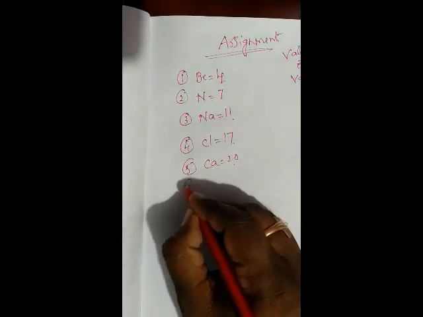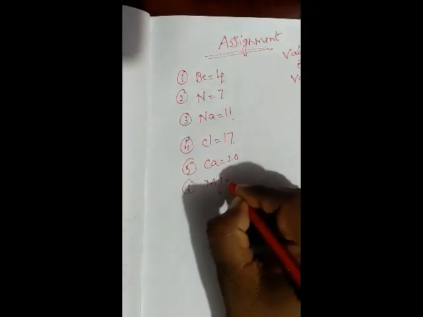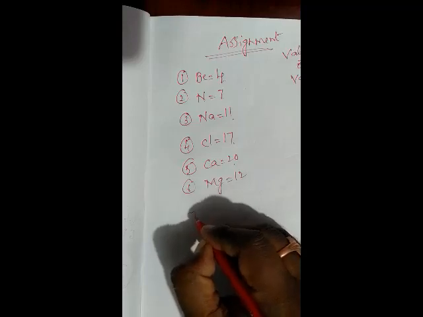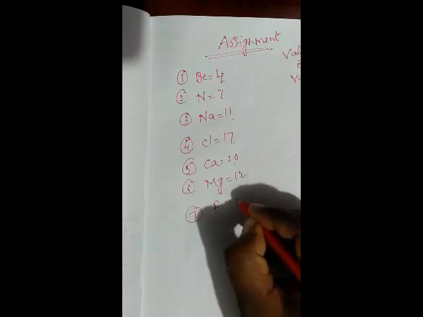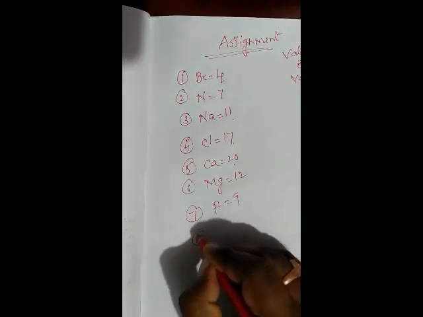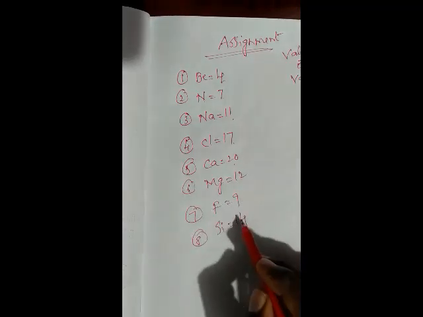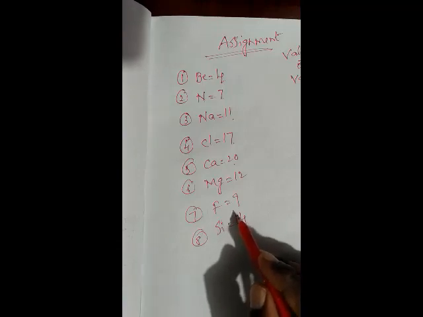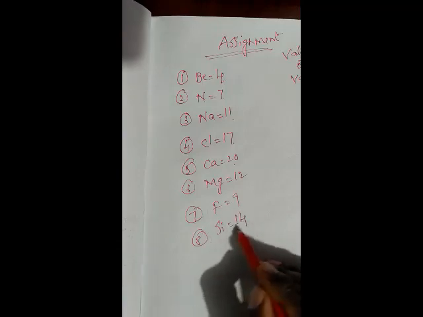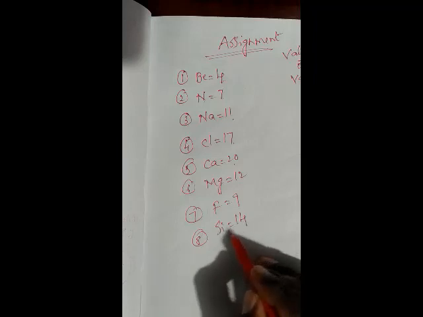And the 6th one, magnesium, atomic number 12. 7th, fluorine, atomic number 9. Silicon, atomic number 14. Just as carbon forms by losing and gaining electrons, silicon is also gaining and losing electrons.